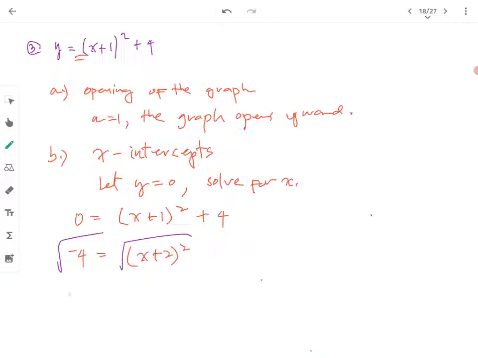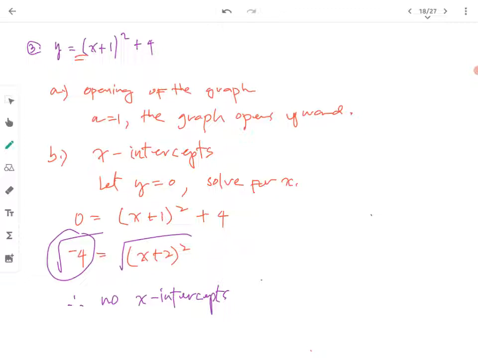Meaning, no x-intercepts, because we cannot continue anymore. This is the reason: we're taking the square root of a negative. So, oh, look at that. We are now facing a dilemma wherein we know that the graph opens upward, but it does not cross the x-axis.